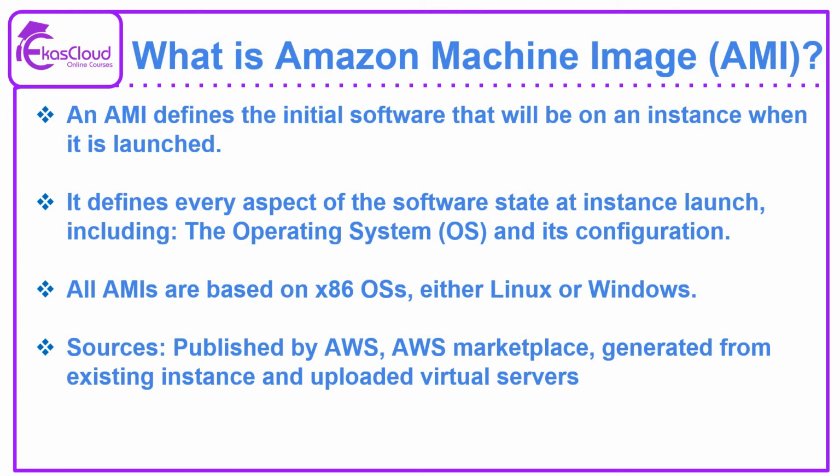Amazon Machine Image, also known as AMI, is defined as the initial software that you package onto an instance such that whenever you need to launch that instance, you automatically get all your required software.